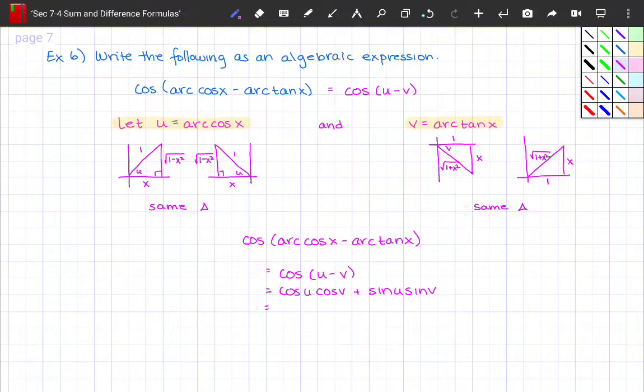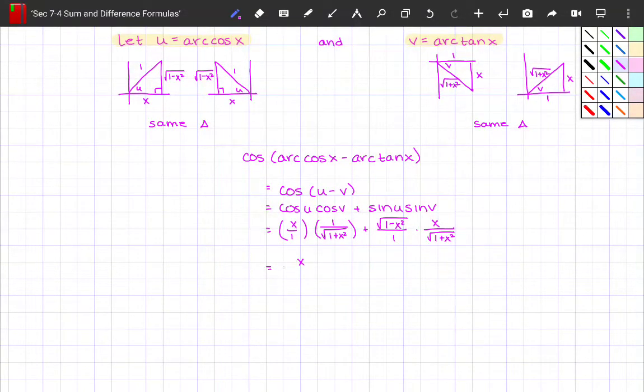And now I can go ahead and use my triangles. So looking up above, I didn't label that d. Cosine of u is adjacent over hypotenuse. Cosine of v is adjacent over hypotenuse. Sine of u is opposite over hypotenuse. And sine of v is opposite over hypotenuse.